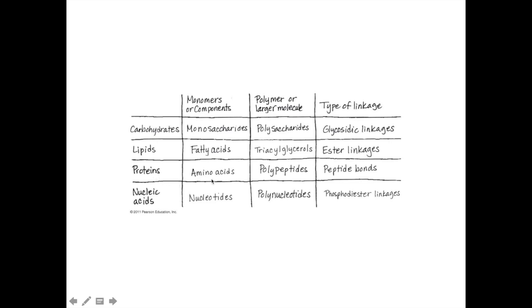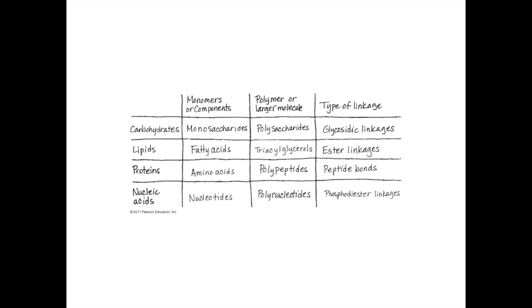Proteins are made up of amino acids that are made into polypeptides. The polypeptides may be joined to form a functioning protein by peptide bonds. And then nucleic acids are made up of nucleotides. The polynucleotides are our DNA and our RNA molecules.